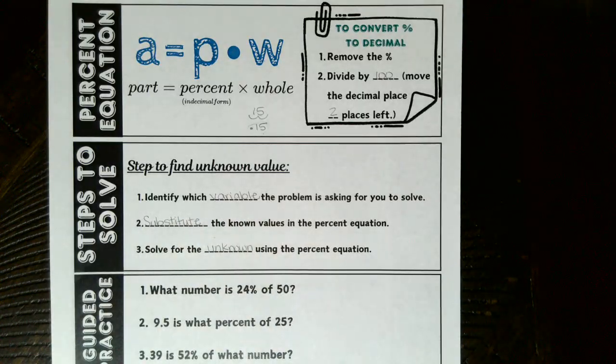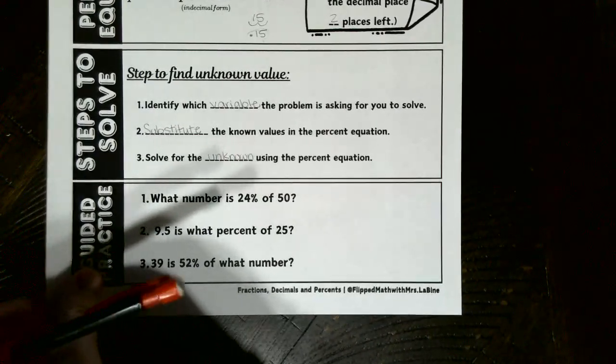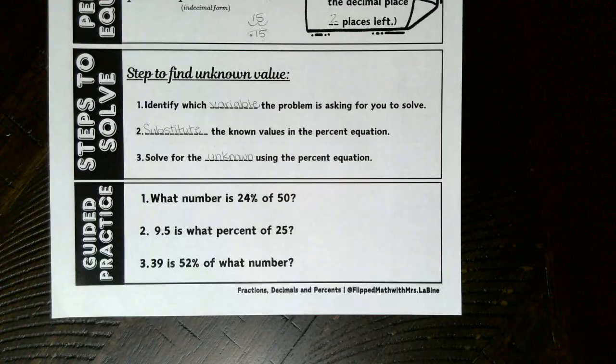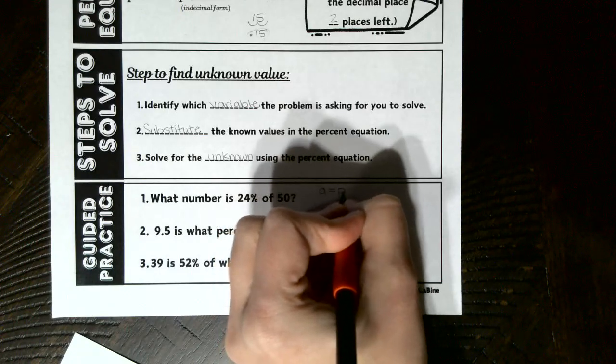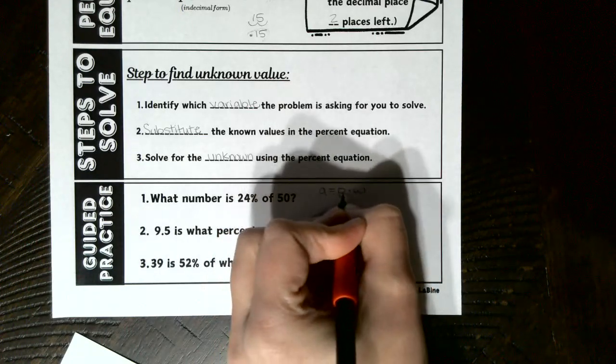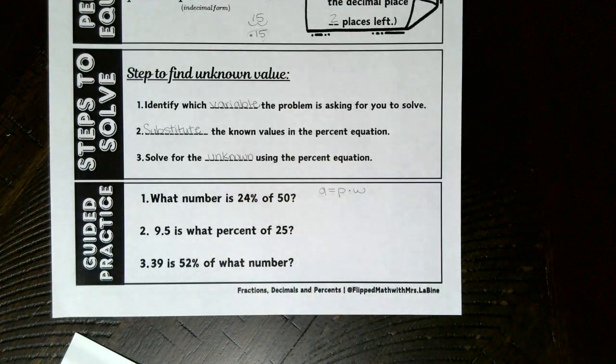Let's go ahead and look at the guided practice. If it's a really challenging problem to multiply, you can use your calculator. What number is 24% of 50? If my percent equation is A equals P times W, part equals percent times whole, do I know the part?